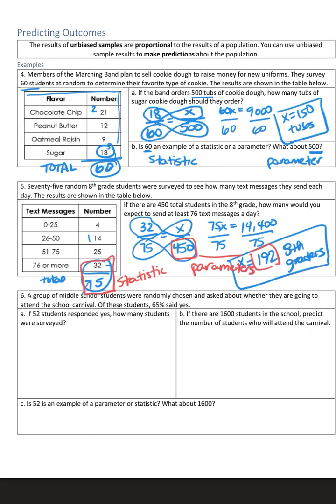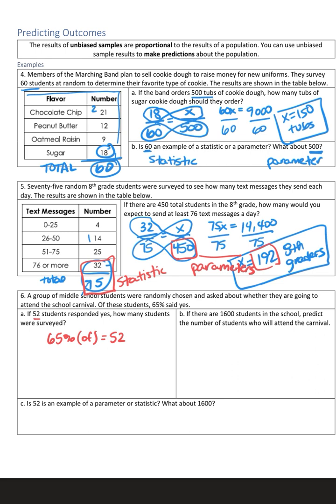Okay. All right. A group of middle school students were randomly chosen and asked about whether they are going to attend the school carnival. Of those, 65% said yes. If 52 students responded yes, how many students were surveyed? Okay, so this is a little bit different. So if I know 65% said yes, and that is 52, that means we're going to go back to 9th grade again and say 65% of some number is 52 students.